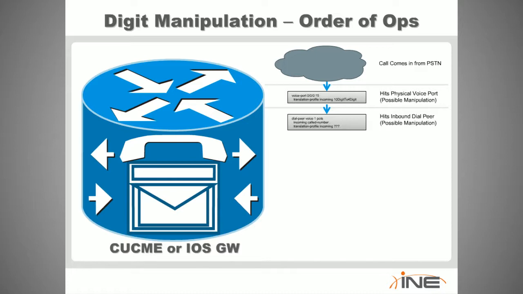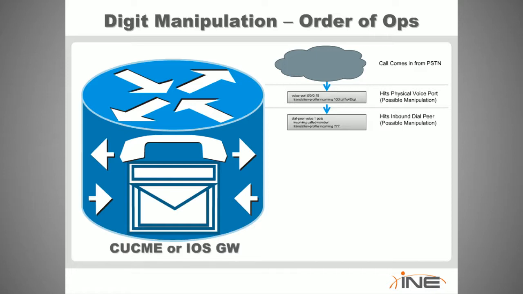Well, with what we're doing here in IOS, anything that says do digit manipulation takes place immediately. For instance, if there was a translation profile incoming applied to the voice port, that takes place immediately.